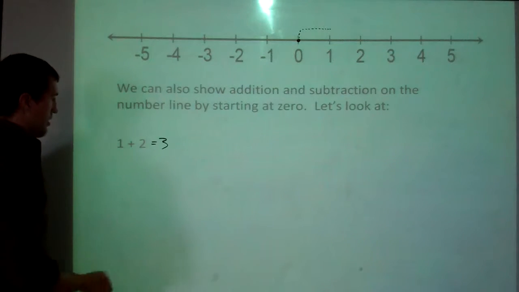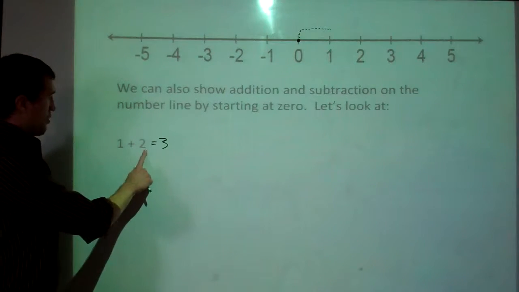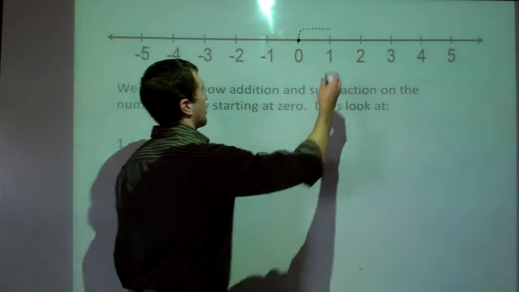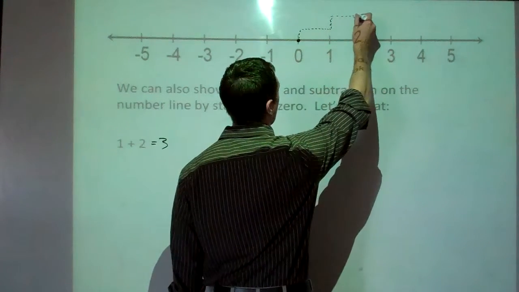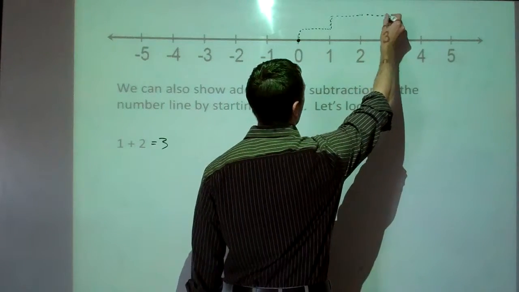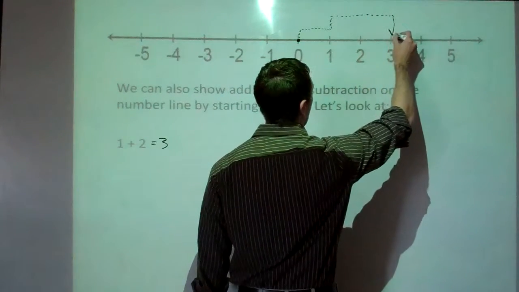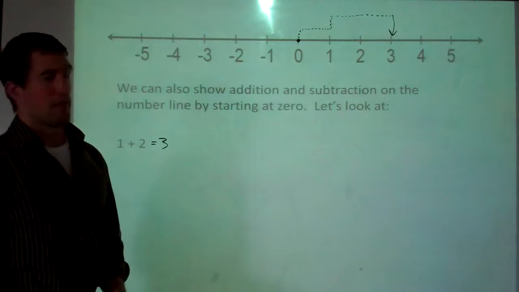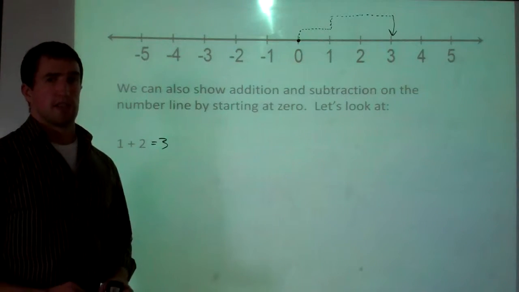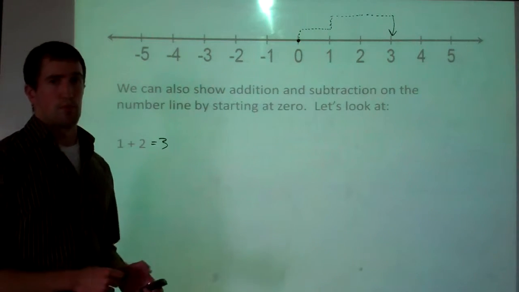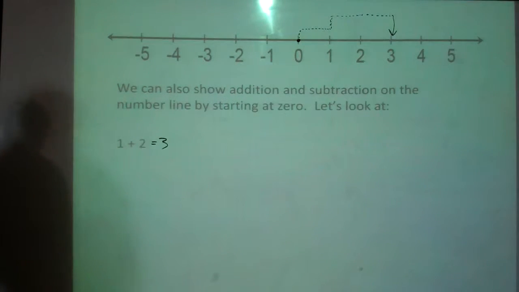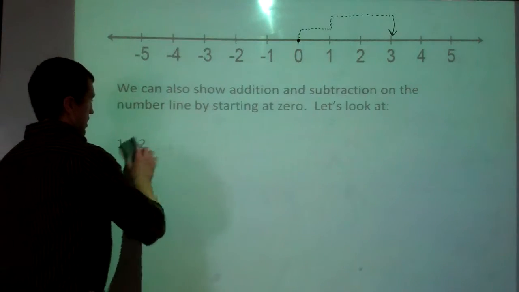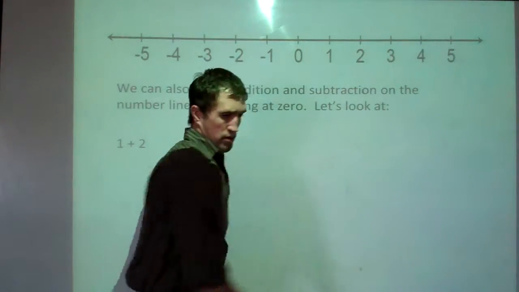And from there, it tells us to add on 2. So we're going to plus 2, go up a level here, and we're going to go over 2 more. 1, 2. And we end up at 3. So that's how addition was pretty much made up from the number line. So that's 3, 1 plus 2.